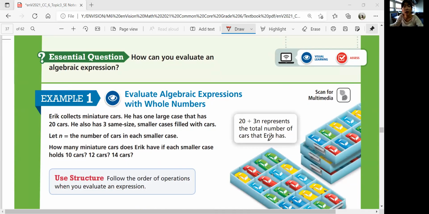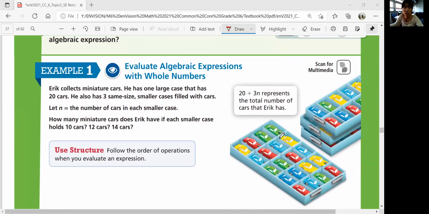Example 1, evaluating algebraic expressions with whole numbers. Eric collects miniature cars. He has one large case that has 20 cars. He also has 3 same-size, smaller cases filled with cars. No cars are missing.